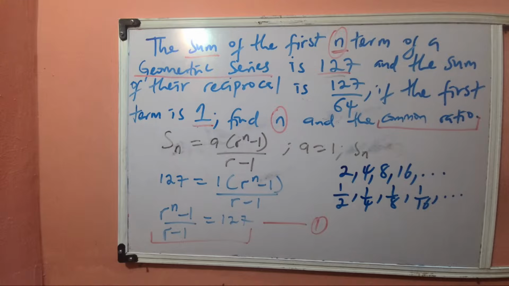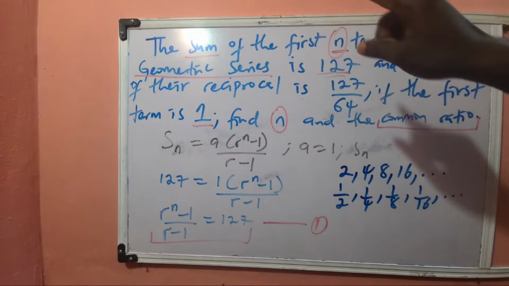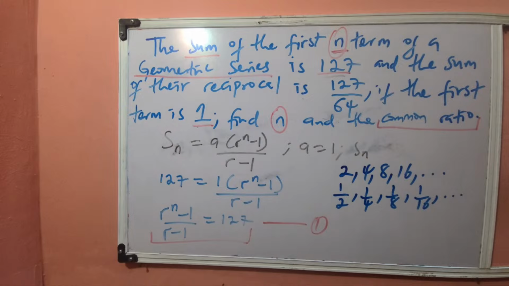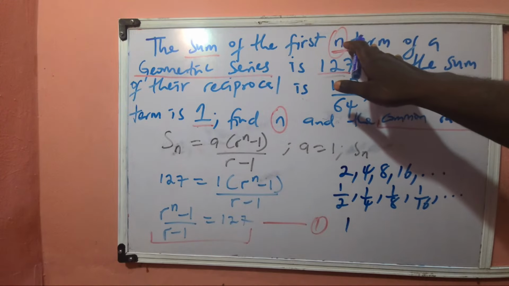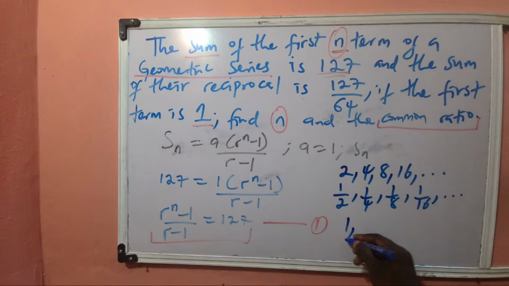Number one, don't forget, I told you that the first term of the sequence was 1. Don't forget this was a dummy, so let's imagine we're dealing with the sequence here. One thing we are sure of, in the sequence that gave us the sum of 127, is that the very first term is 1.